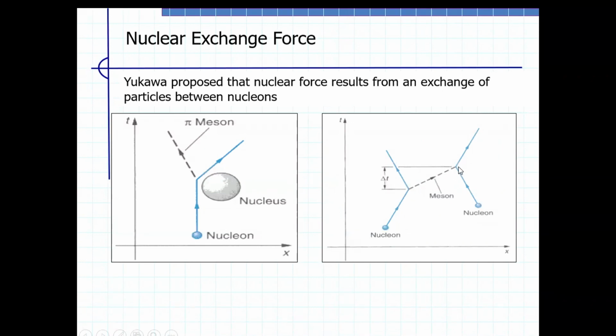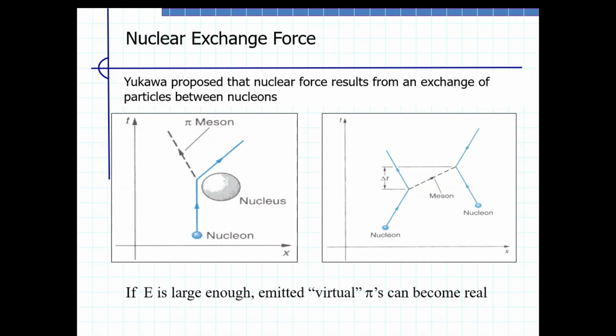In this delta t time, this exchange occurs, and this nucleon absorbs the meson, and this exchange keeps on happening. So Yukawa's proposal for the exchange of particles between the nucleons gave birth to a new idea of interaction between particles rather than force. The exchange is equivalent to the interaction. So particles interact with each other rather than forcing each other or putting force on each other.